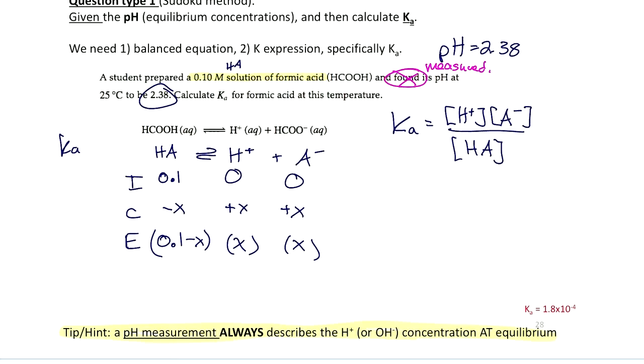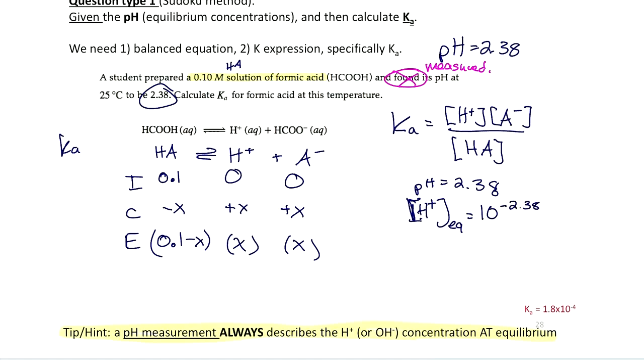So can we figure out what X is? Yes, because I give you the pH. The pH is equal to 2.38. So that means the H plus concentration at equilibrium is equal to what? 10 to the negative 2.38.